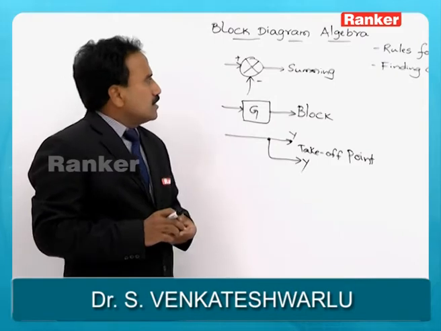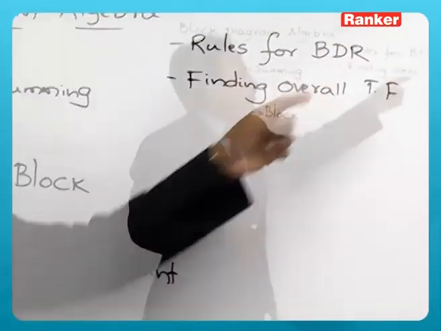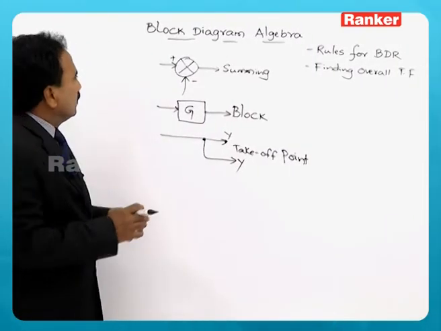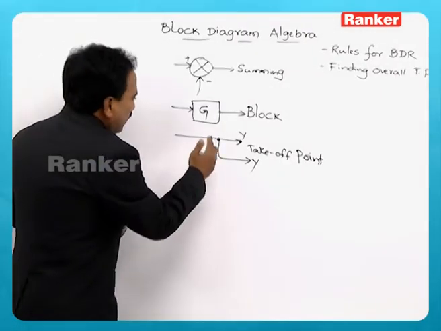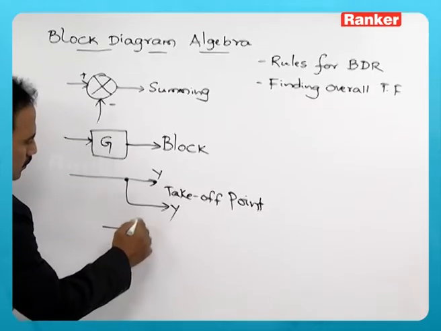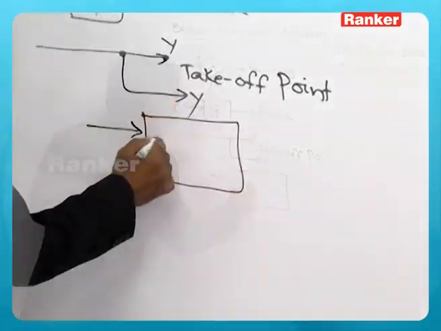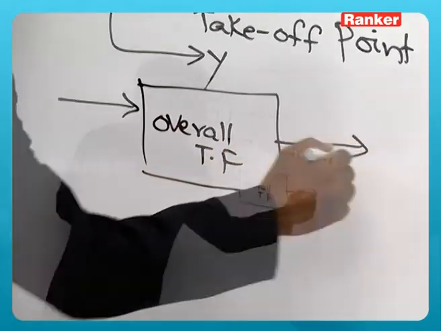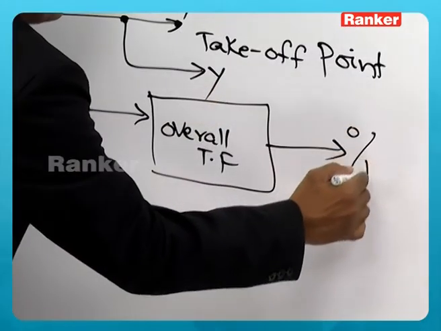So, I must use some rules for block diagram reduction, and ultimately any system having several such components, I will make into a single block. This is called the overall transfer function, and then it has only an input and an output.